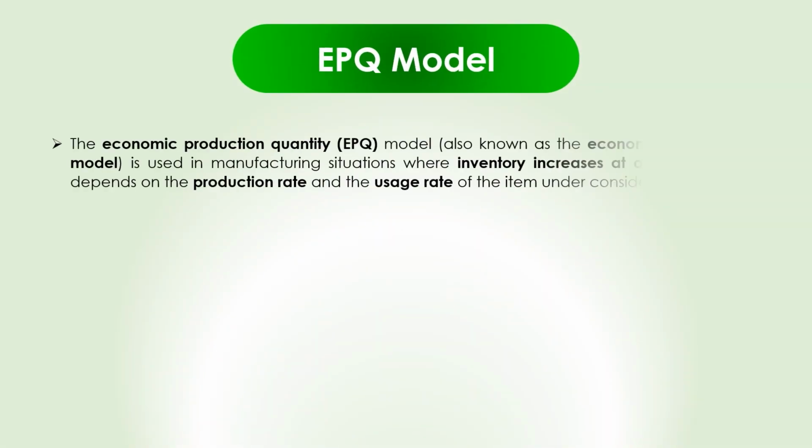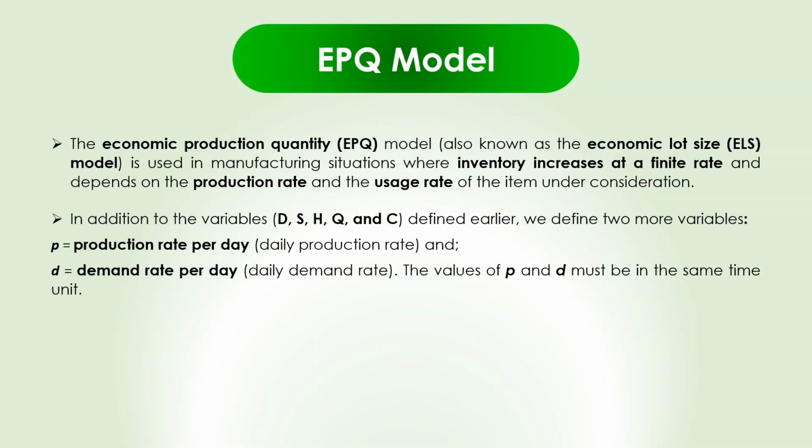So next model is the EPQ model. The economic production quantity or the EPQ model, also known as the economic lot size or ELS model, is used in manufacturing situations where inventory increases at a finite rate and depends on the production rate and the usage rate of the item under consideration.